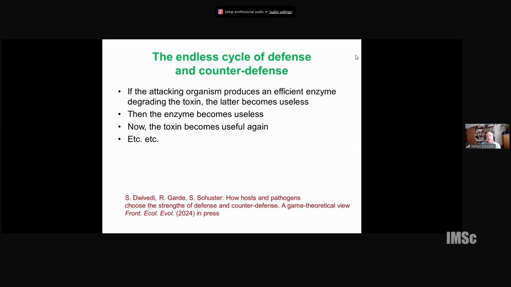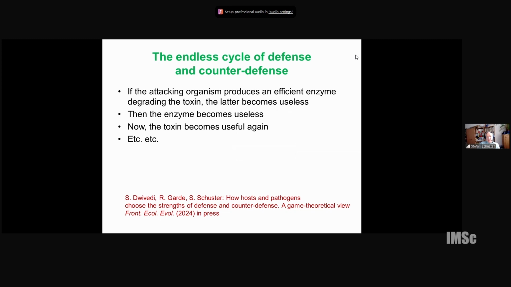So, and now there is a phenomenon occurring, which is in a sense even a bit paradoxical, which could be called the endless cycle of defense and counter-defense. Namely, the attacking organism, like the pathogen or the herbivore, produces the counter defense because the attacked organism produces the defense. And if the attacking organism produces an enzyme which can efficiently degrade the toxin, then the toxin becomes useless, because if it's inactivated anyway, then it need not be produced.